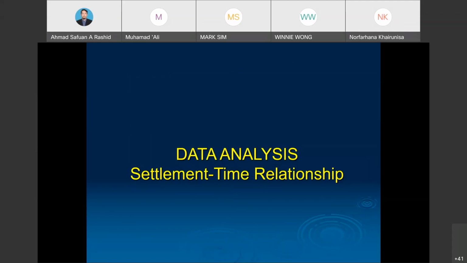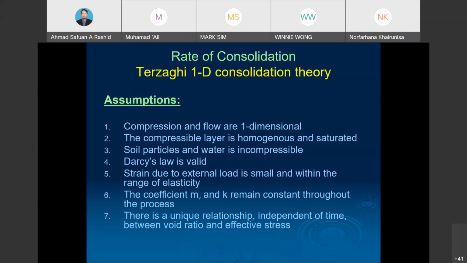Data analysis, settlement time relationship. Rate of consolidation, Terzaghi 1D consolidation theory. Assumptions: compression and flow are one-dimensional. The compressible layer is homogeneous and saturated. This is the assumption that we make for this 1D consolidation theory. Particles and water are incompressible, meaning that the water finds a way to move out during the consolidation process.